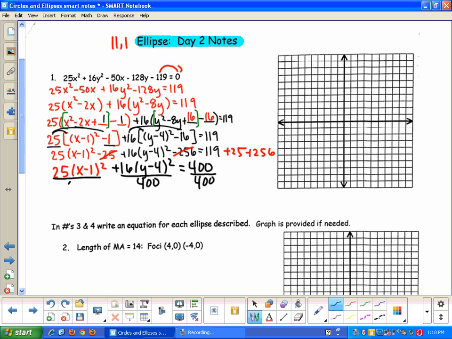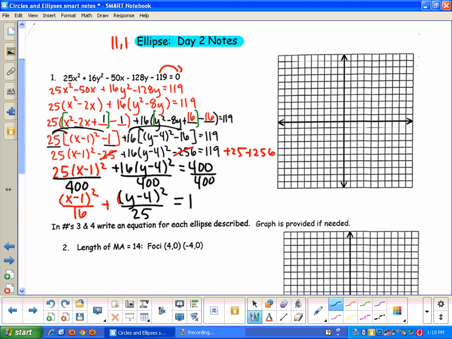So each term, remember terms are separated by addition and subtraction signs, so divide each of those by 400. And then the last part is to simplify. So when I simplify here, I get (x minus 1) squared over 16 plus (y minus 4) squared over 25, and then we have equals 1.